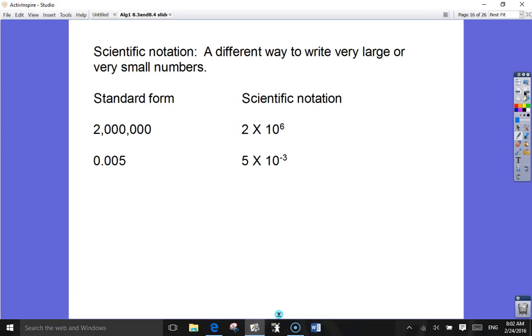So if the 2 million becoming a 2 is getting smaller, then the exponent is getting bigger. So it goes to 10 to the 6th. That means move the decimal place over until there's a number between 1 and 10, times 10 to the 6th.